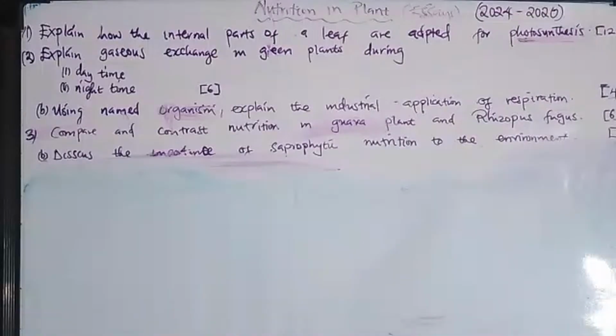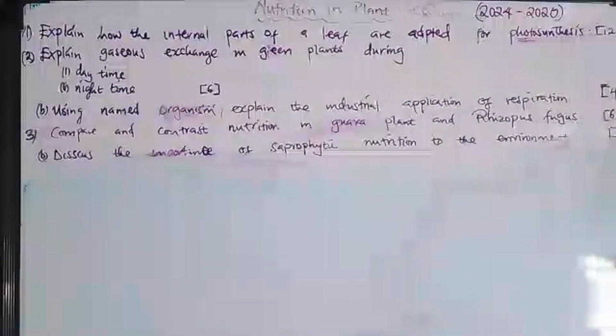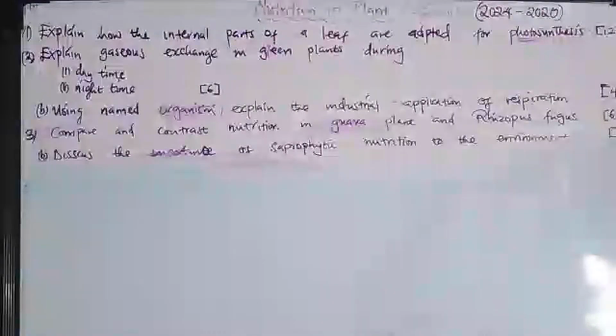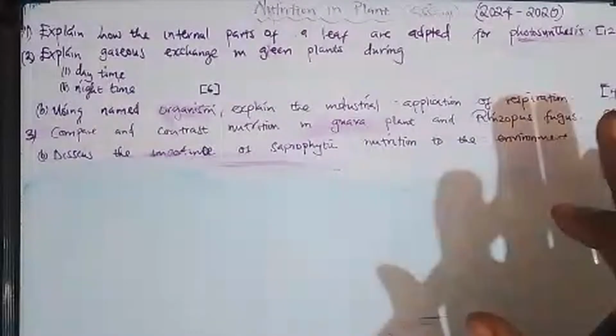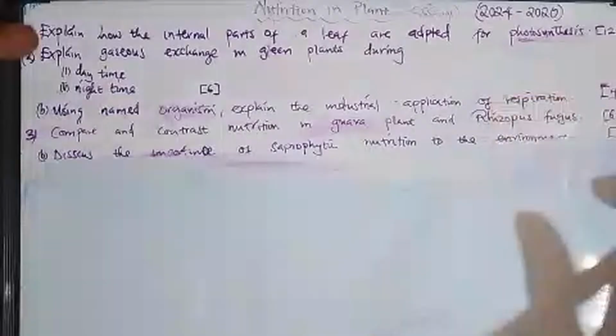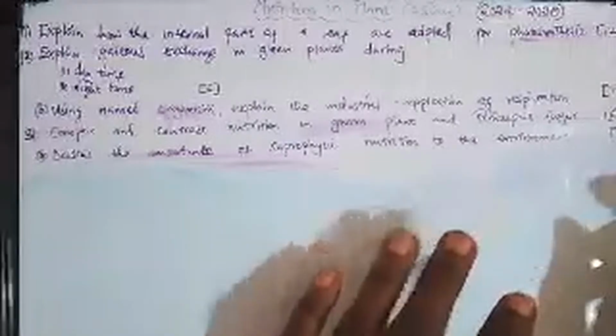Welcome to live class. In this live class, we are going to look at last minute revision on nutrition in plants. I started this topic today, and we talked about how the leaf is adapted for photosynthesis.